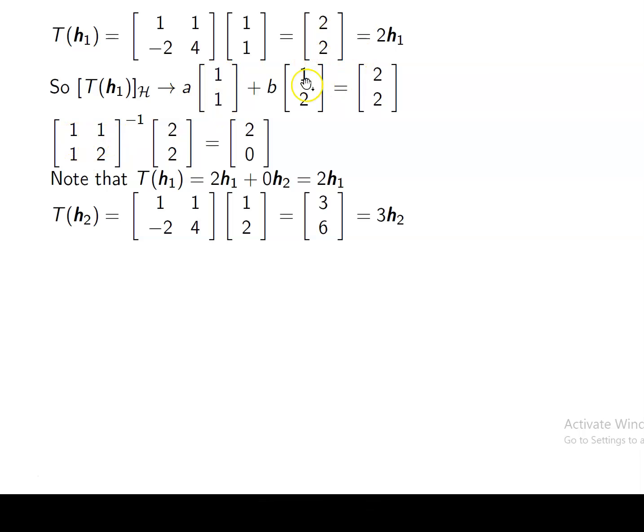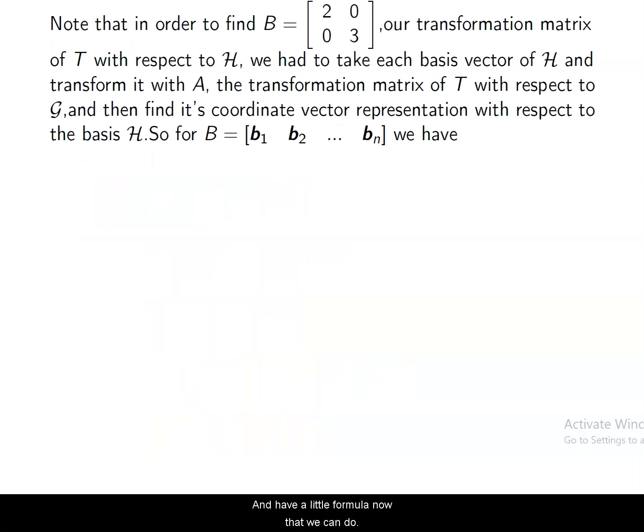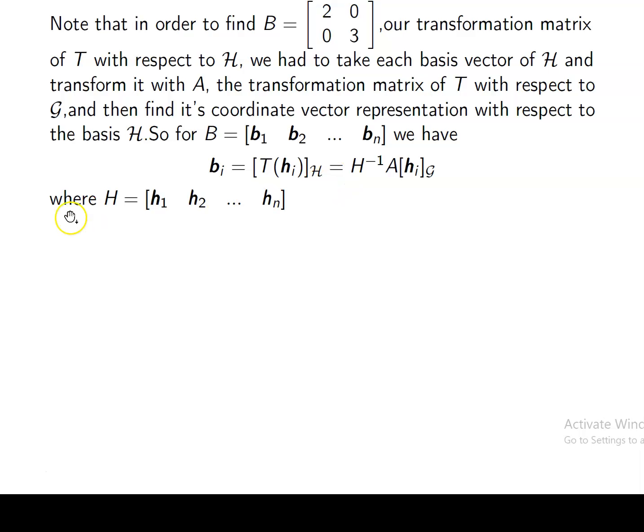This is just the column vectors of H inverse, because when I set this equation up to find its scalar representation, the C1 and C2, or A and B in this case, it makes an equation for me, which is created by its linear combination using the basis vectors of H. So I'm always going to have H inverse, where H is basically made from the basis vectors of H. So we have a little formula now that we can use, where H is the column vectors made from the basis of fancy H here.